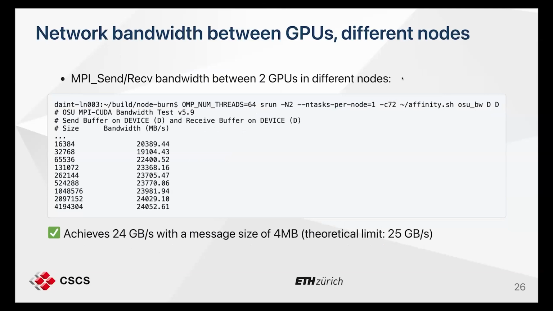And we also tested on different nodes, and this is not within the node anymore. It goes through the network, and we saw that the network bandwidth was around 25 gigabytes per second, and we get very close to that bandwidth.